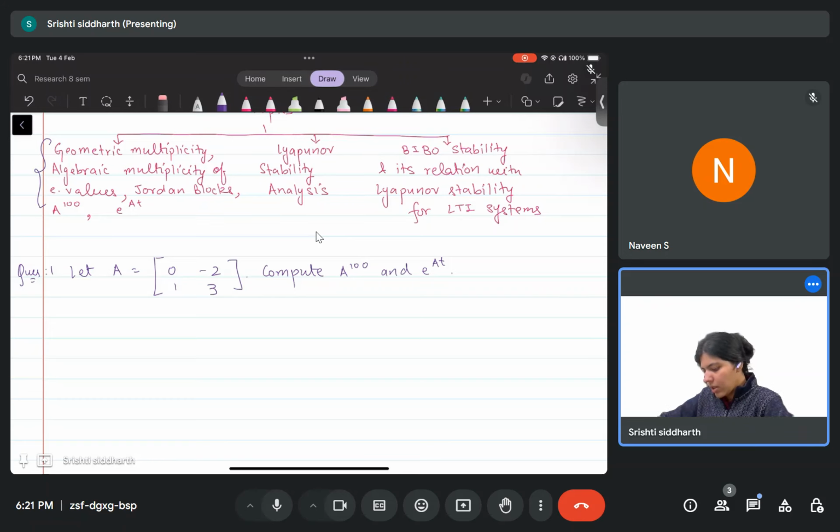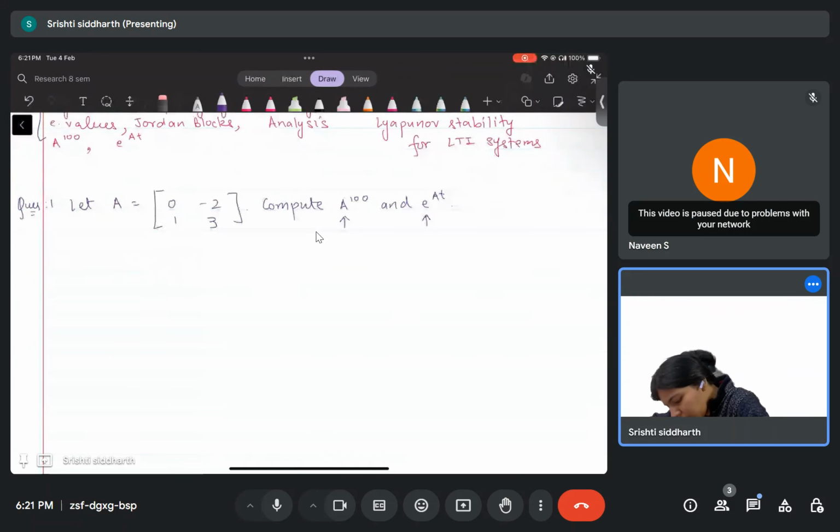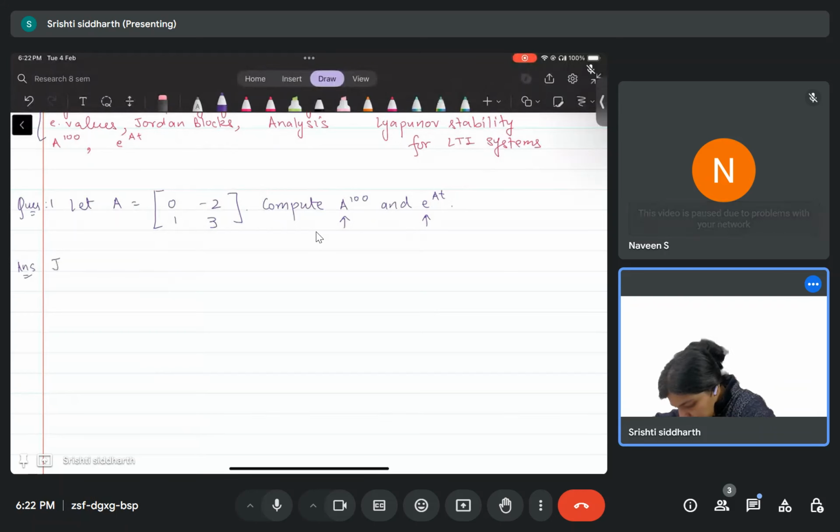Alright, so to compute these matrices, we need the concept of Jordan block. The Jordan normal form of a matrix A, where A is a square matrix of size n by n.